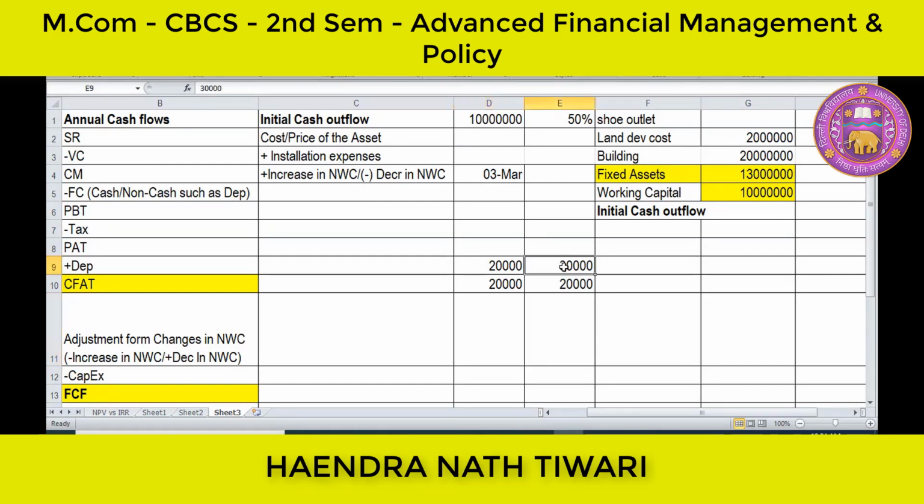So there is a decrease in the requirement of raw material. So what I'm saying, there may be situations wherein because of this investment, your net working capital required is increased or your net working capital required is decreased. If it is decreased, reduce it. If it is increased, add as outflow.